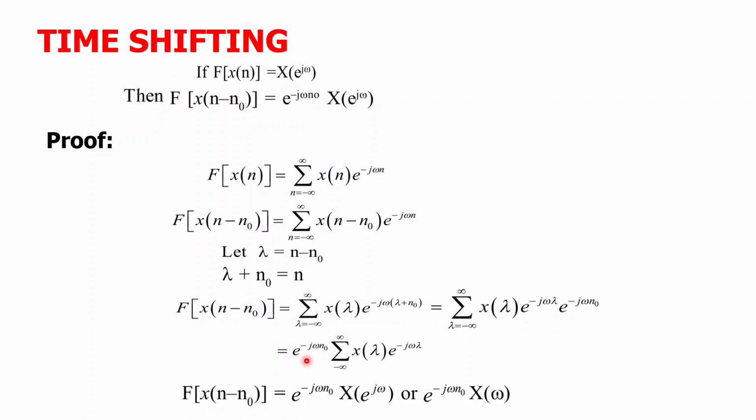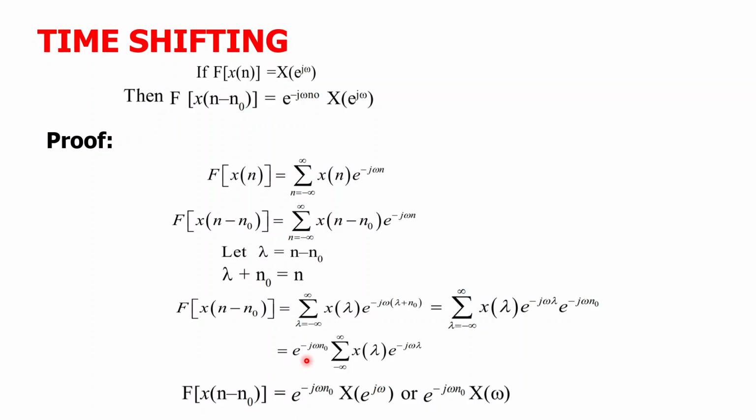We can write e power minus j omega n naught outside of the summation, since it is a common term. So now the Fourier transform for x of n minus n naught is equal to e power minus j omega n naught x of e power j omega. So this is time shifting property.